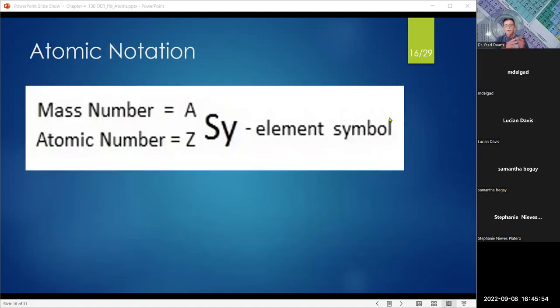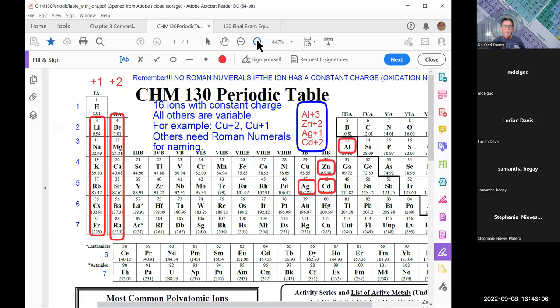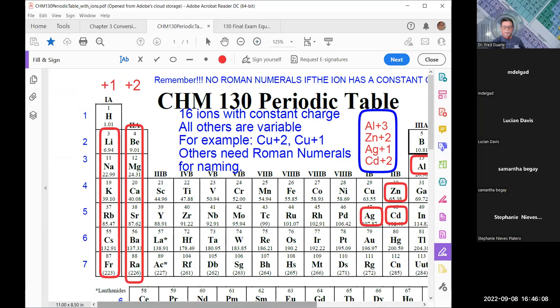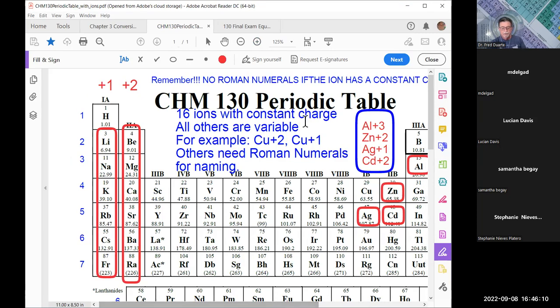All right, so atomic notation. How do we write the atomic notation? Well, first of all, let me pull up the periodic table. This is the periodic table that we ask you to use.